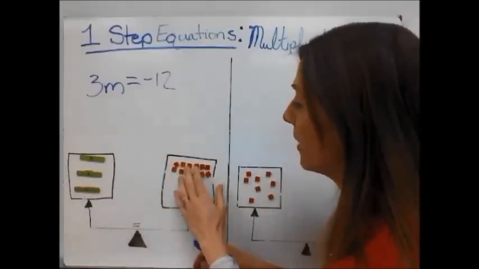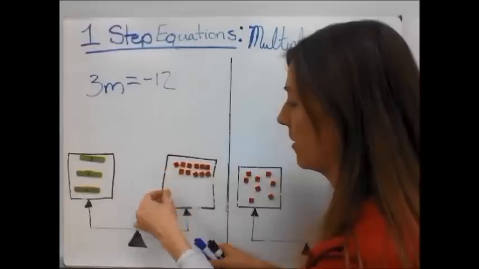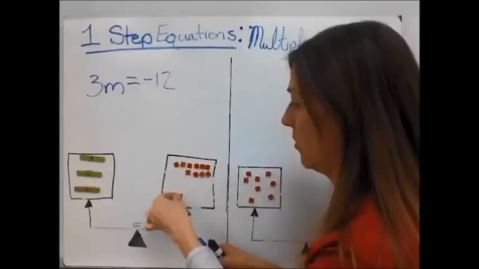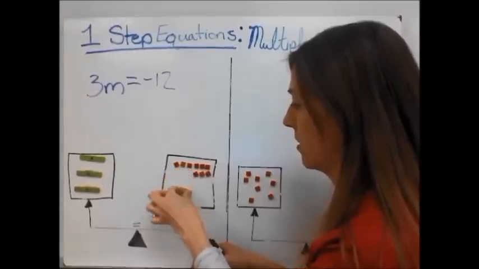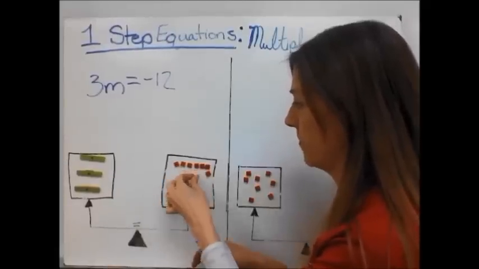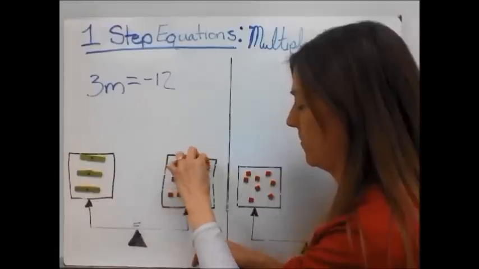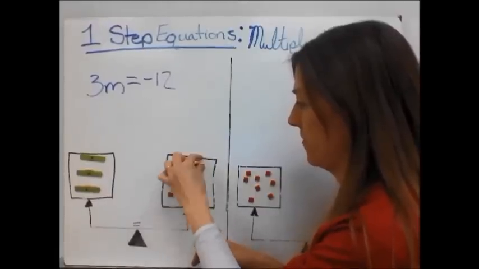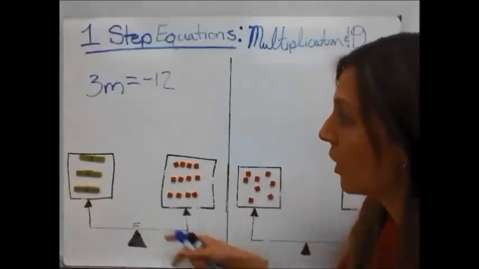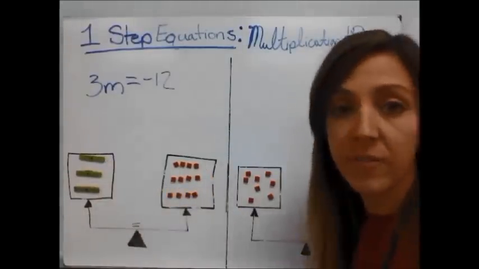So if I split these 12 into 3 equal groups, I would have 1, 2, 3, 4, and 4 in each group. So m equals 4. And all I did was divide.